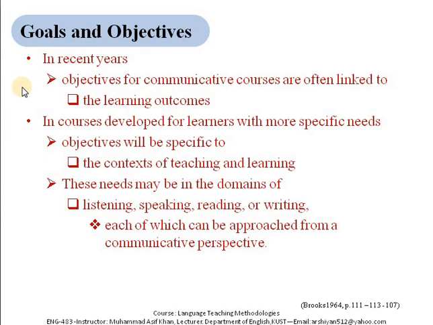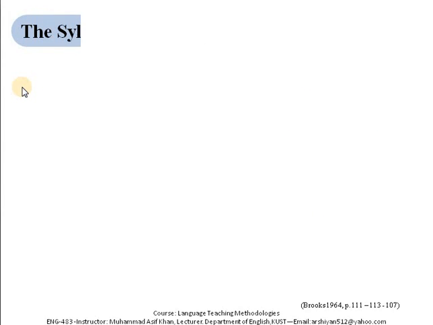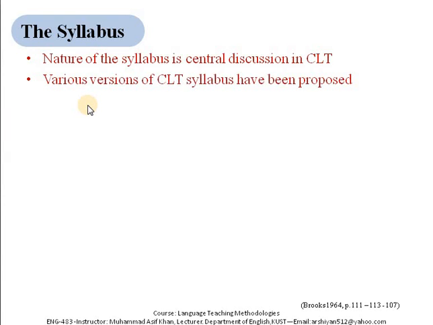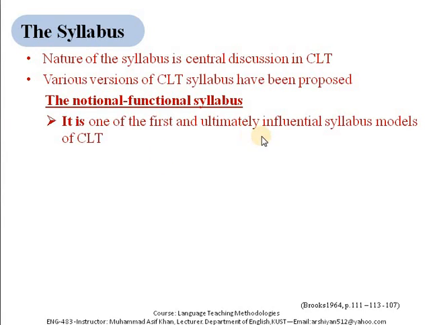Now let's move toward the syllabus. Discussion of the nature of the syllabus has been central in this method, and various versions have been proposed, like the notional functional syllabus. One of the first and most influential syllabus models was described by Wilkins: the notional syllabus, which specified semantic and grammatical categories.